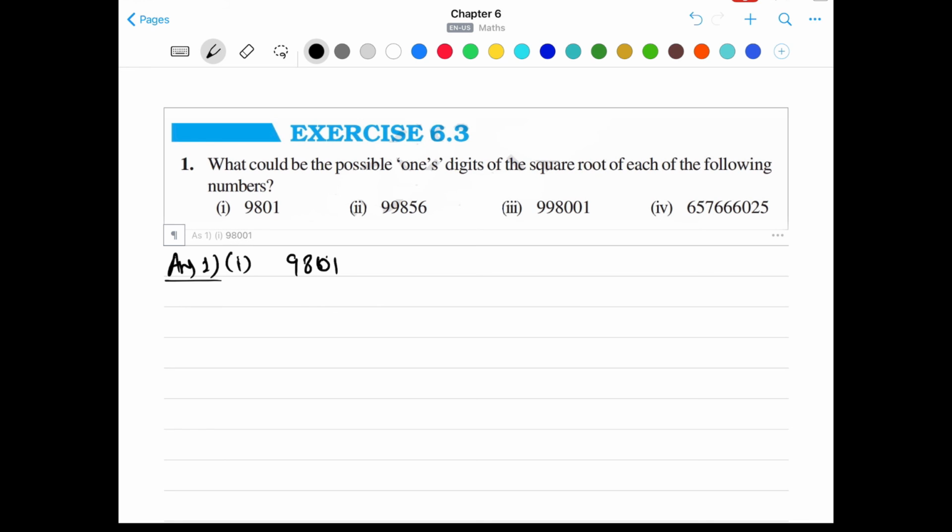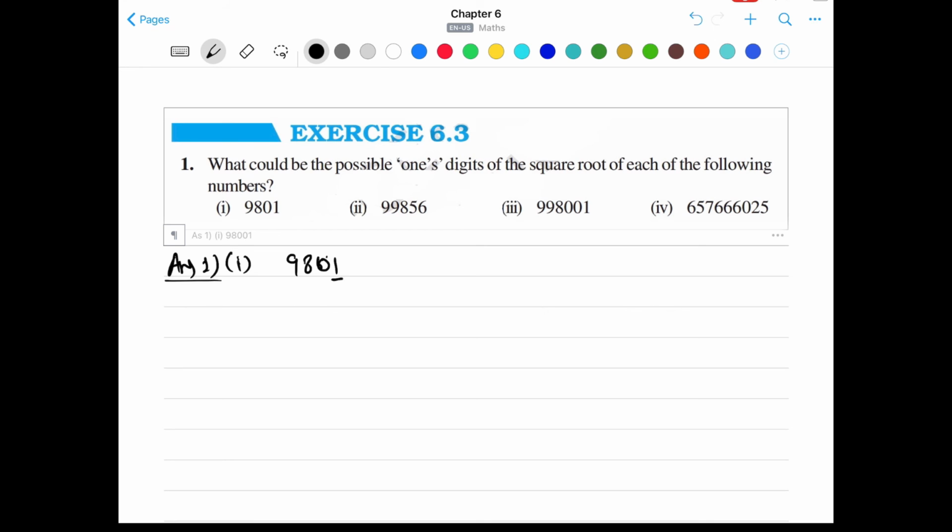9801. As you can see, the last digit here is 1, so the square root of this number will also have 1 as its unit. We get 1 when 1 is multiplied by 1 or 9 is multiplied by 9.